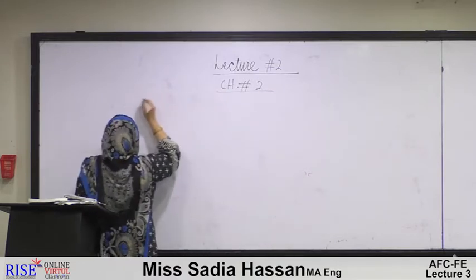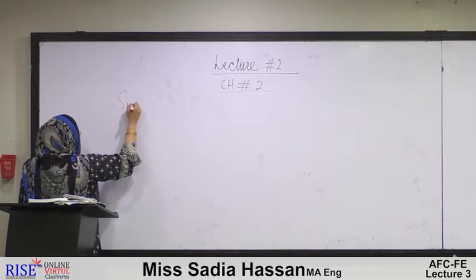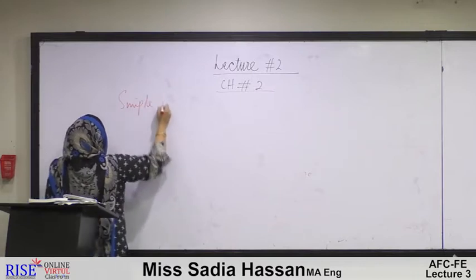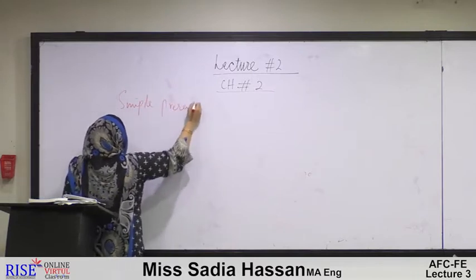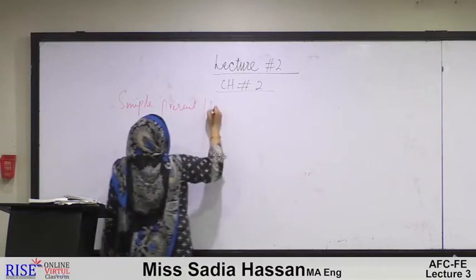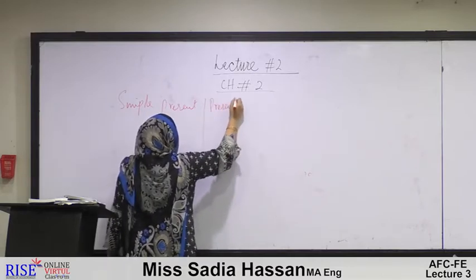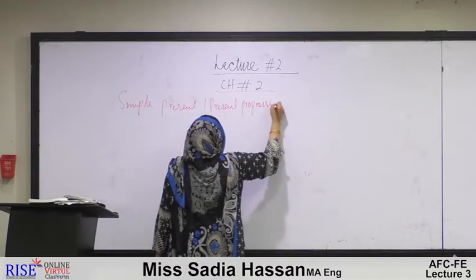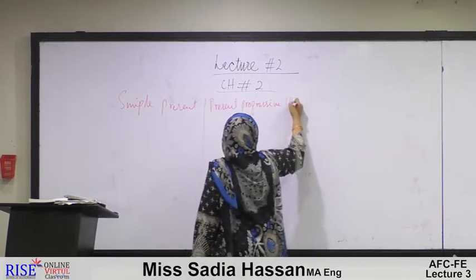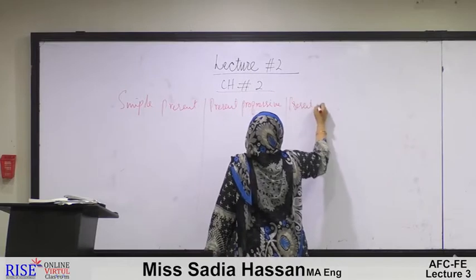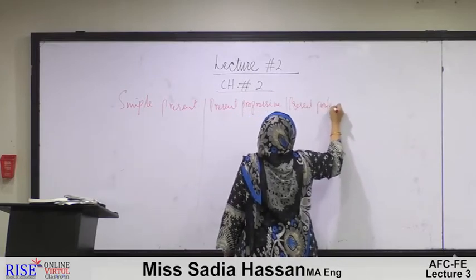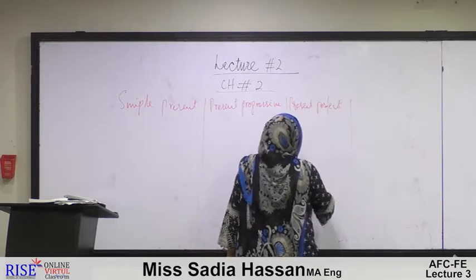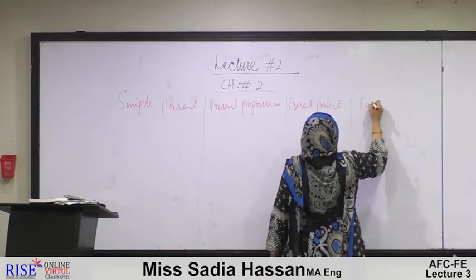First of all, we make a tabulation in this way: simple present, present progressive, present perfect, and the last is called present perfect progressive.